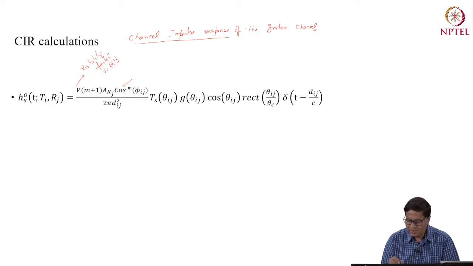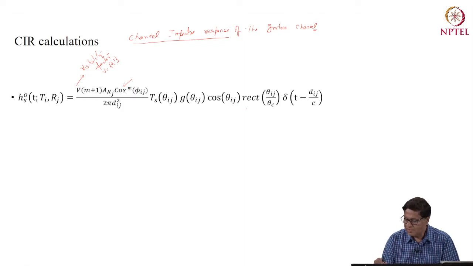Ts(theta_ij) and g(theta_ij) are the optical filter gain and concentrator gain for the transmitter and the receiver. I have used ij here because there may be many transmitters and many receivers. So that is a generic expression, into cos theta_ij.